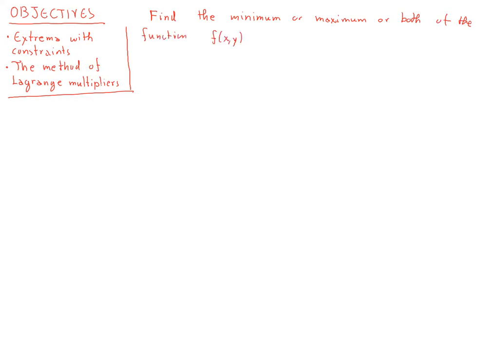We're going to work with two variables, even though we can have very similar problems with three variables and more conditions, under the condition that g of x, y is equal to 0.